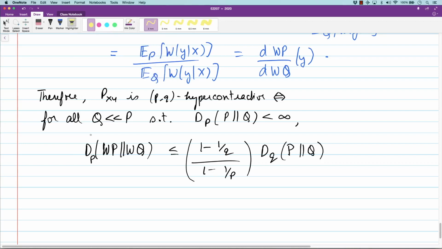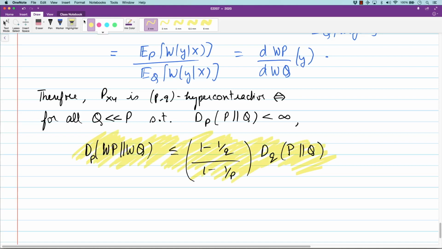This is exactly equivalent to hypercontractivity. That's what we are claiming. This is not so clean, but this is hypercontractivity.